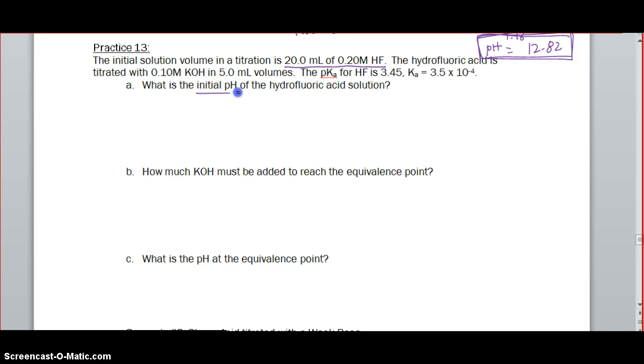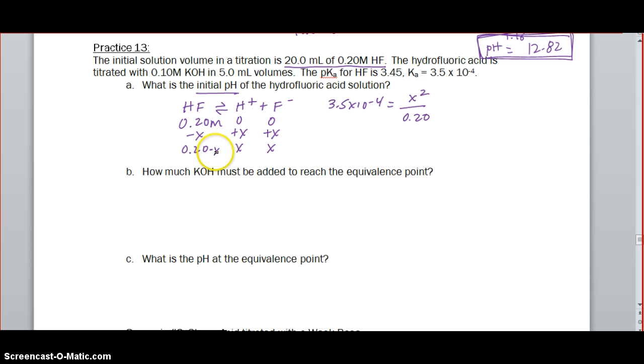So it says the initial pH, and the thing that's present is the HF. So it's going to break up, right? We've got 0.20 molar, 0 and 0, up by x, down by x. Okay, so they gave me the Ka, 3.5 times 10 to the negative fourth equals x squared over 0.2.